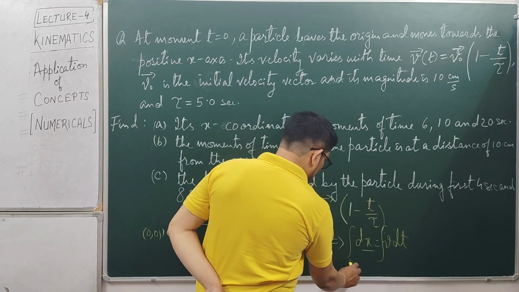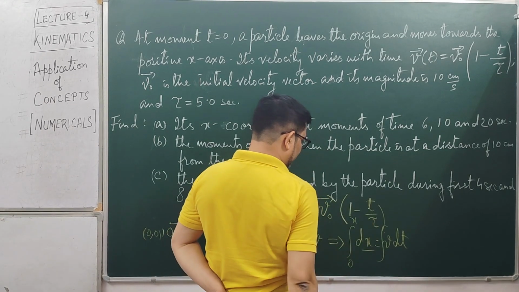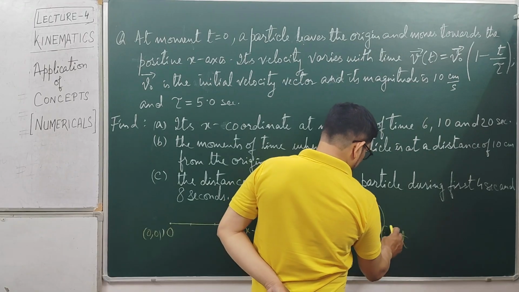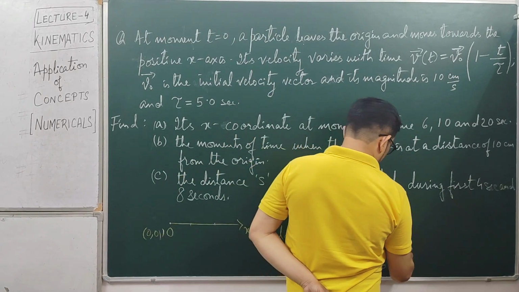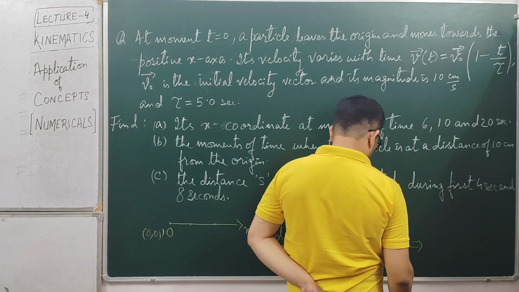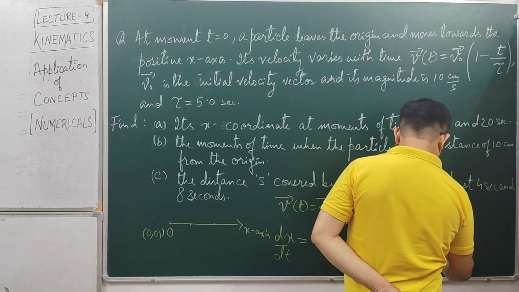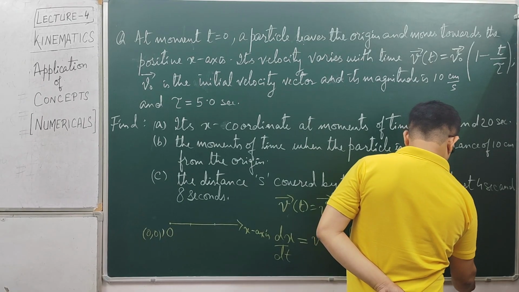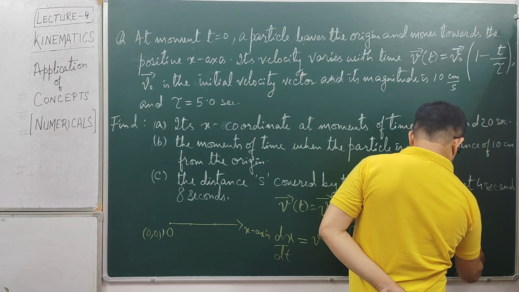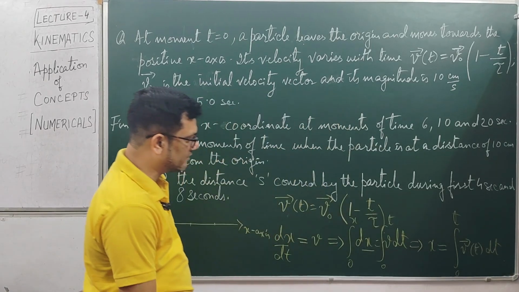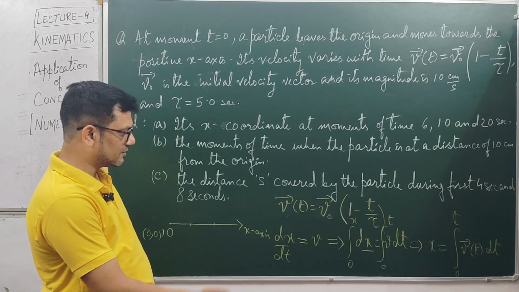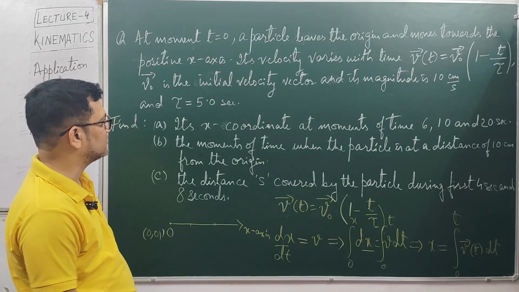So from 0 to x, where it is, and from 0 to whatever time is given, we'll be able to integrate, and then we want this value. So this implies that x is going to be the integral from 0 to time t of the velocity, which is a function of time, dt. If we are able to integrate this, we'll be able to get the value of x. So that is how we will approach this question.